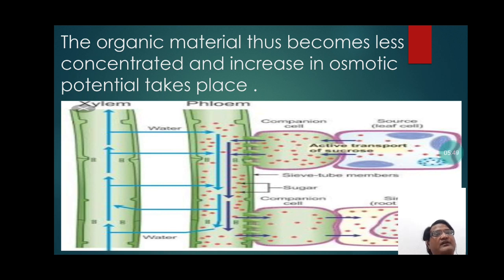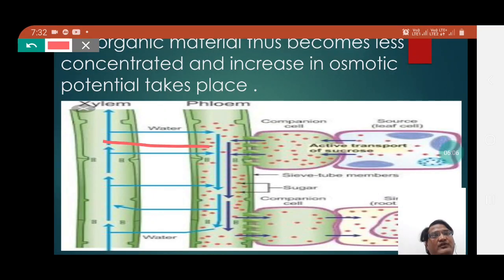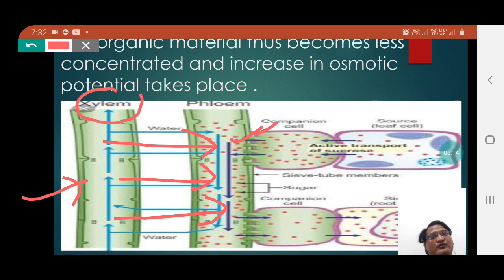The organic material thus becomes less concentrated and increases in osmotic potential. So students, the movement of water from the xylem elements, as you can see in the picture, from the xylem to the phloem. So you can see here students, it's noted xylem, and here it has been notified phloem.